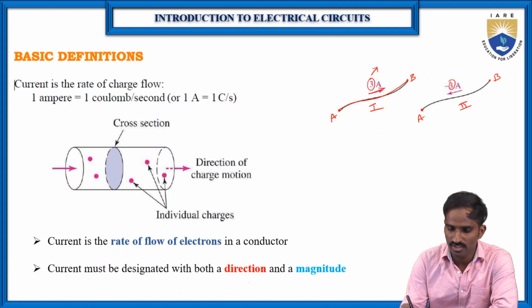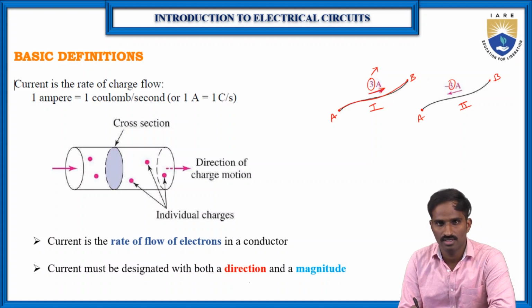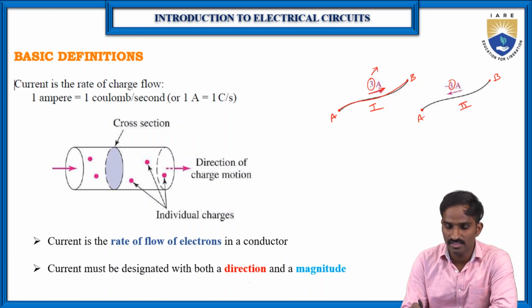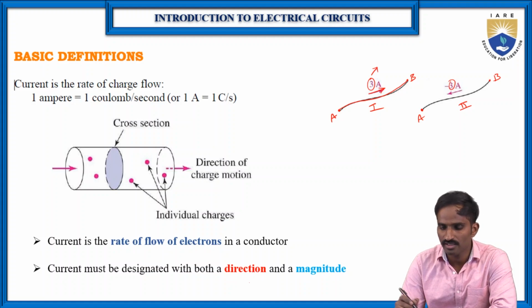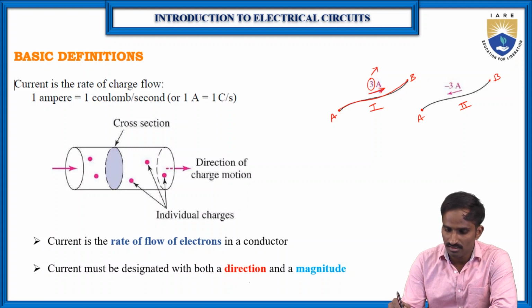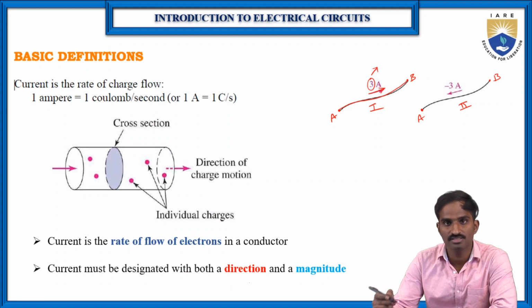This arrow mark indicates the direction of the current, whether it is from A to B or B to A. In the second case, the current is also 3 amperes, where 3 is the magnitude.